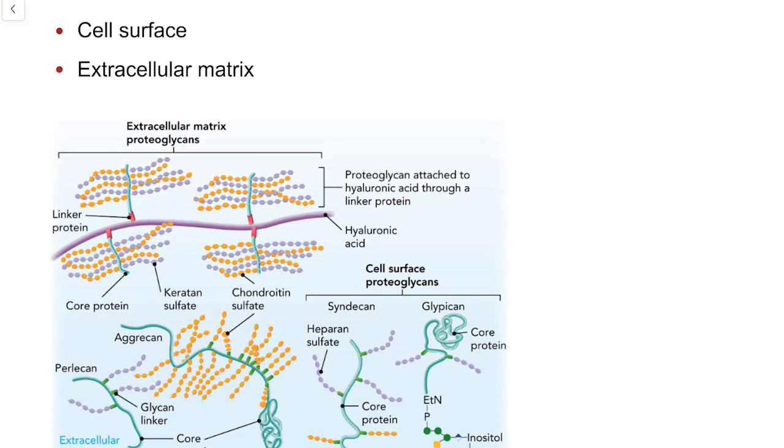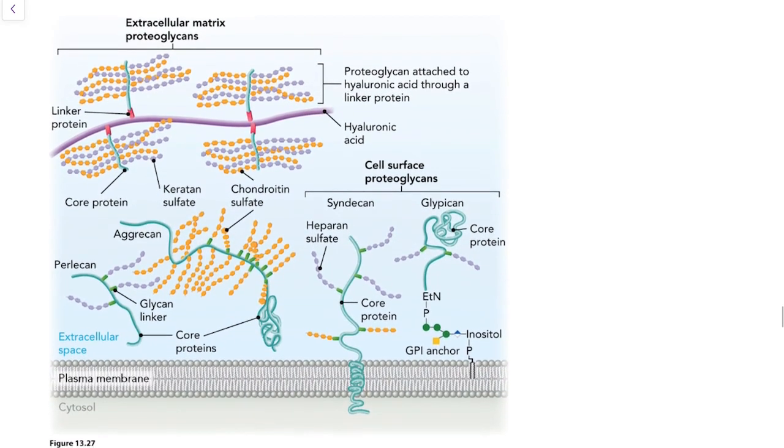these N-acetyl glucosamines or galactosamines that are going to be found in the extracellular matrix, whereas the cell surface proteoglycans, nicotine as an example, are shown where they are tethered to either a transmembrane protein in the membrane, or they're linked or anchored to a lipid.